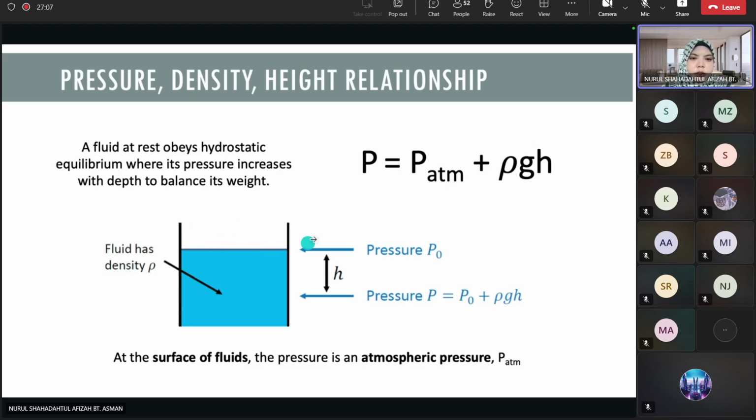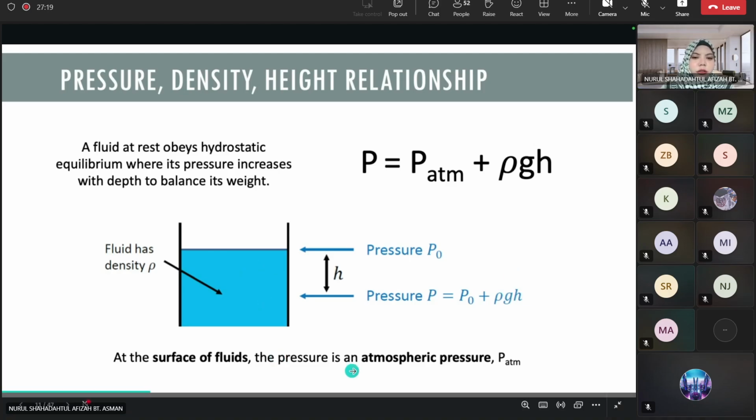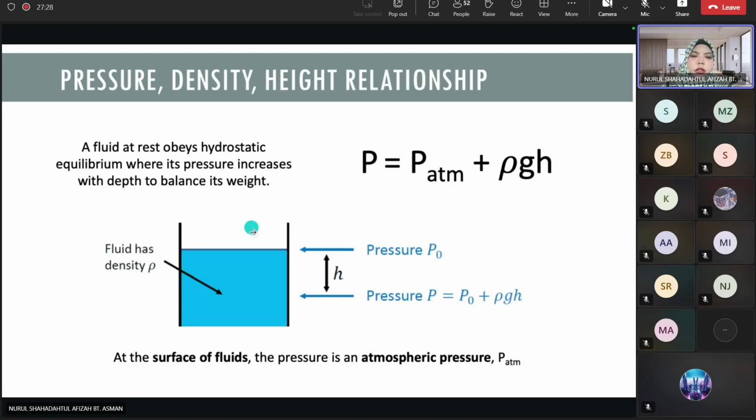Atmospheric pressure is here, P naught. And then for the pressure, P naught plus ρgh. ρgh is the density of fluid times gravity times height. At the surface of fluid, the pressure is atmospheric pressure. Sinilah yang the surface. Kalau di laut, di atas air tuh, the surface, it is called atmospheric pressure.